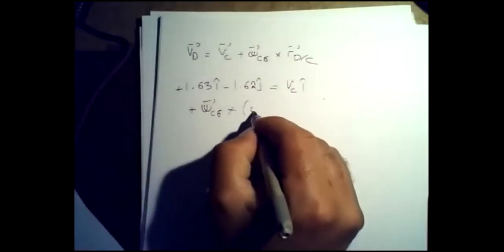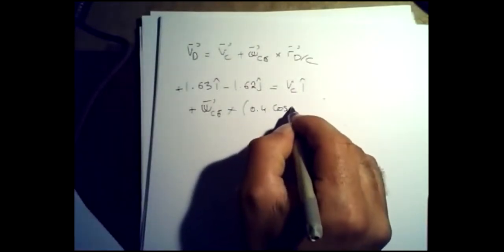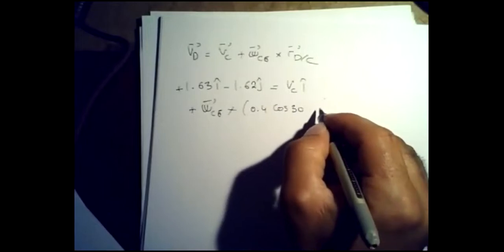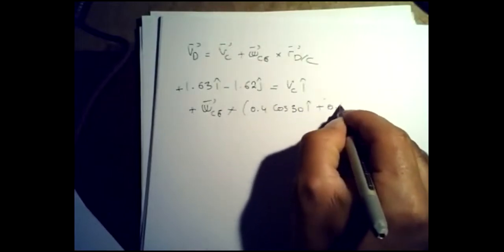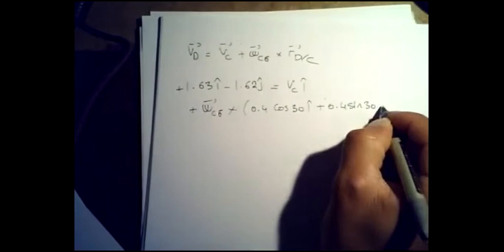right? So it will be 0.4 cosine 30 I plus 0.4 sine 30 J, and this angle here is 30. All right.